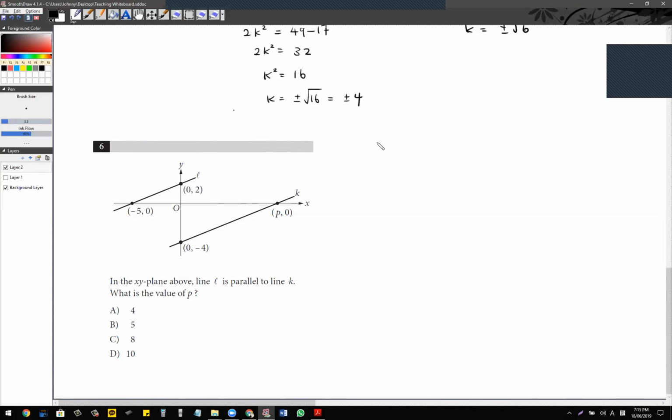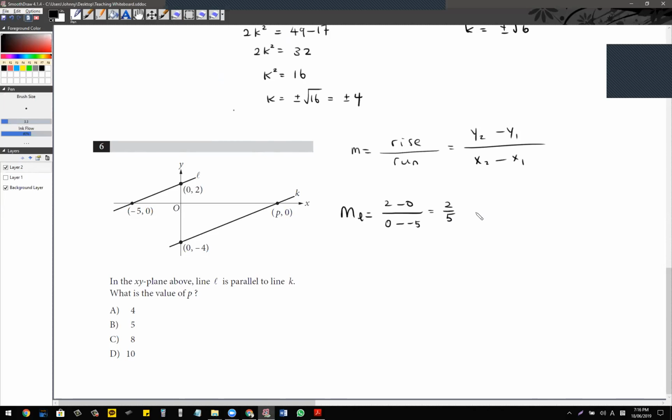Okay, so you need to know that the formula for gradient is rise over run. It's y2 minus y1 over x2 minus x1. So you can take this one, rise over run, or alternatively, you can do the gradient of L is equal to 2 minus 0, so that minus that over that minus that, 0 minus -5.